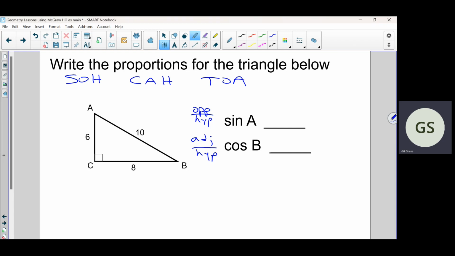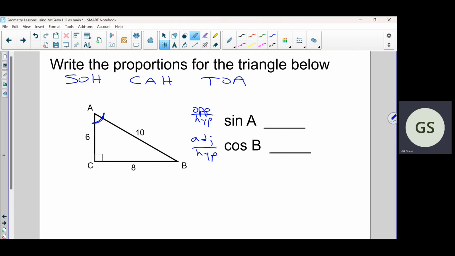It's relative. When we're finding the opposite, we have to look at which angle we're talking about. So when we're finding the opposite, we're finding the opposite from that angle.